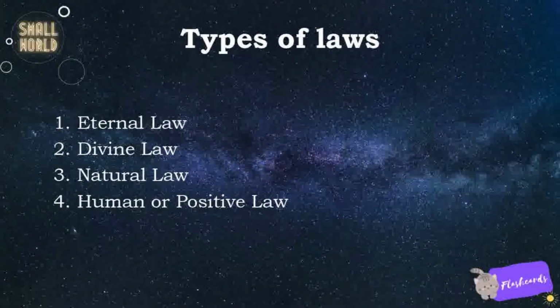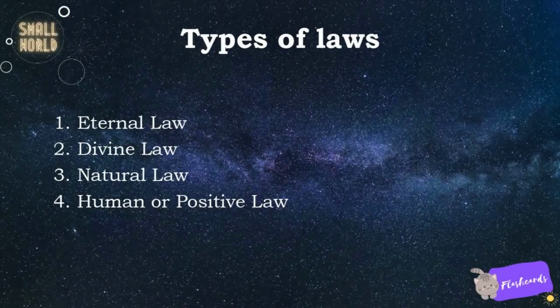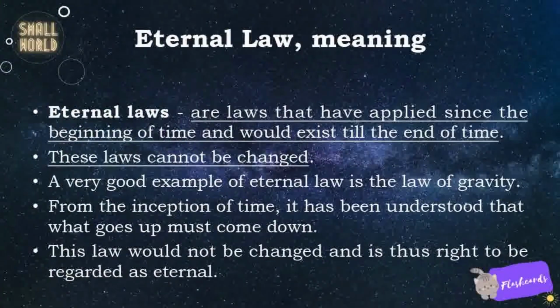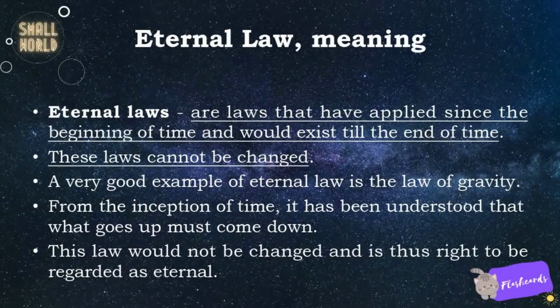Types of laws. Eternal law, divine law, natural law, human or positive law. Eternal law, meaning. Eternal laws are laws that have applied since the beginning of time and would exist till the end of time.